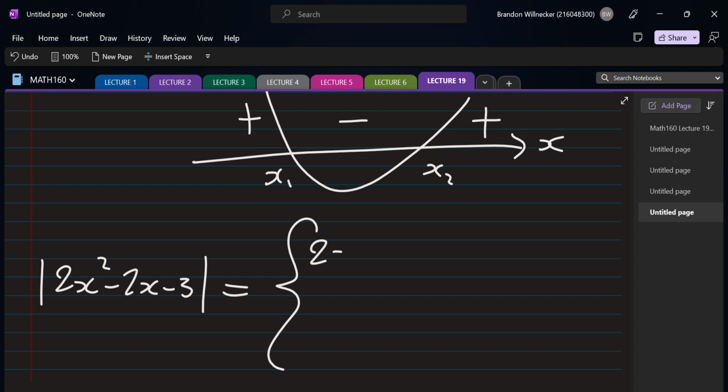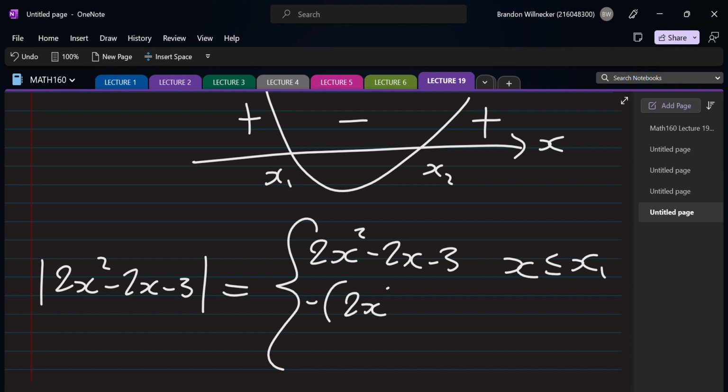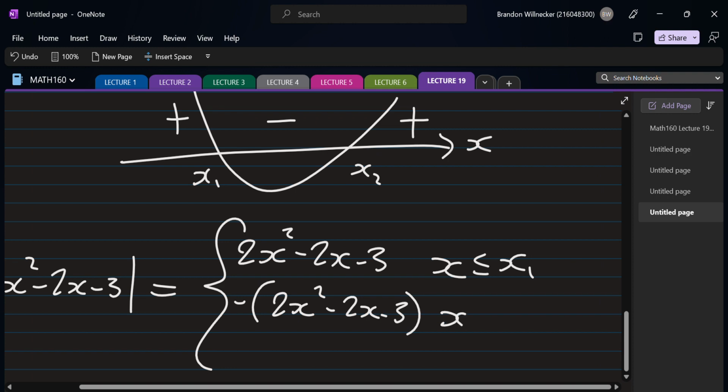We can leave it as is. So this is for x before the first root. Then between the roots, it's going to be negative, so we need to put a minus sign. So it's going to be minus 2x squared minus 2x minus 3, and that is if we are between the roots.